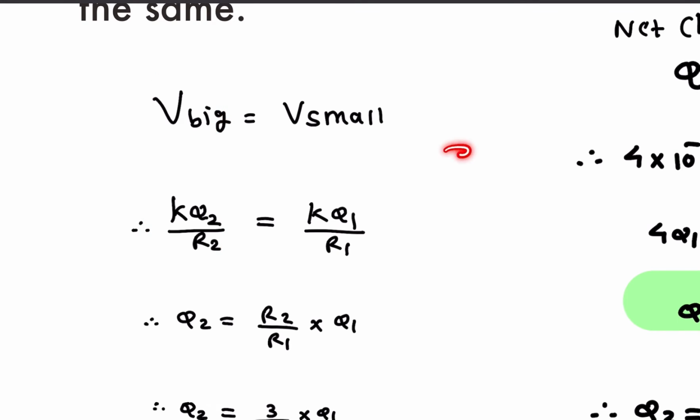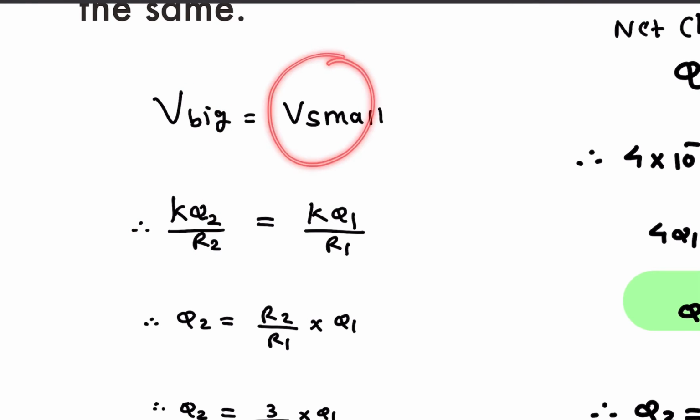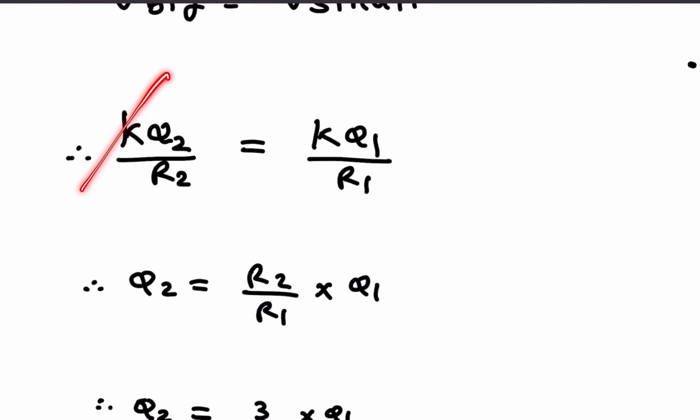Now equating these two, k cancels on both sides, so the remaining quantity is q2 equal to r2 by r1 into q1.